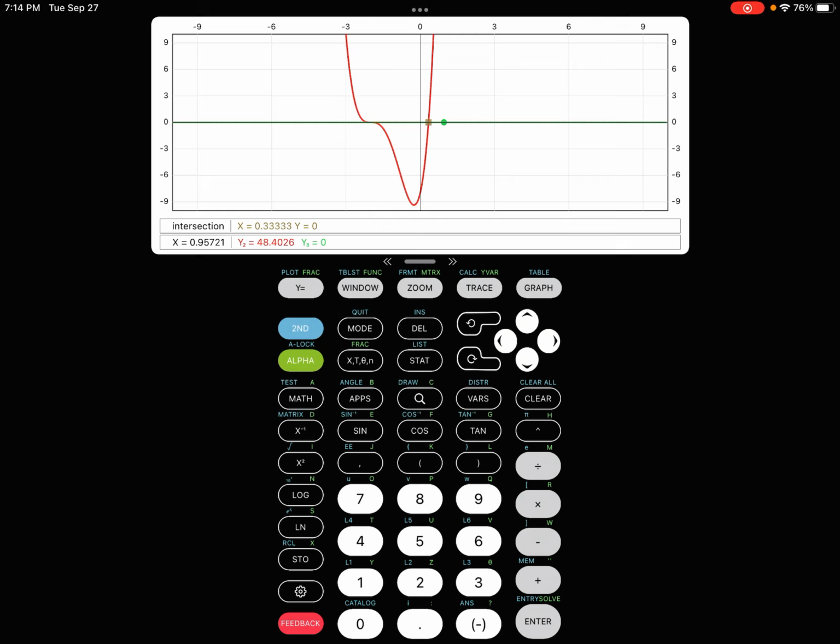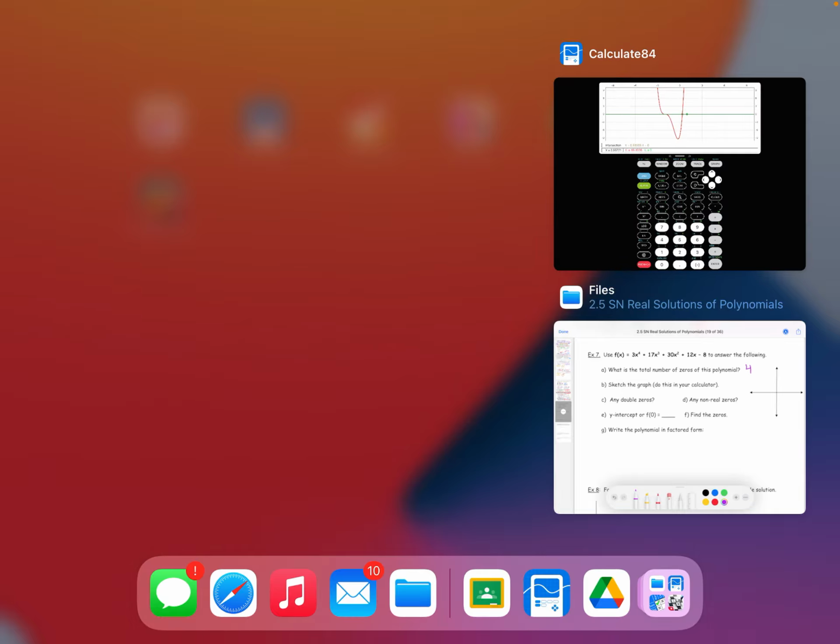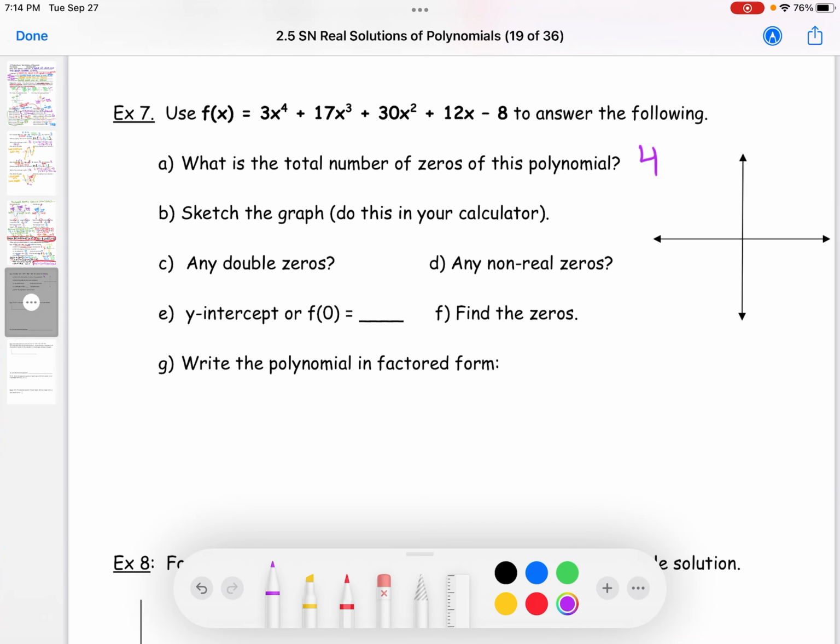Your calculator should say intersection on the bottom. X equals 0.333 repeating, that's 1/3. And y equals 0. So this root is at 1/3. So we had a root at -2. We had a root at 1/3.